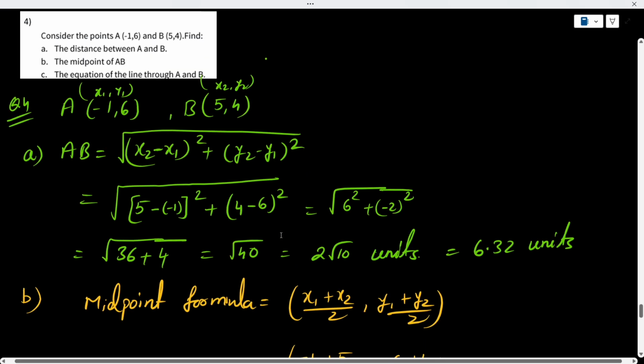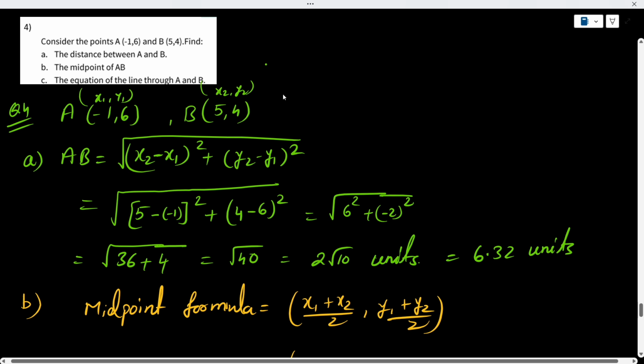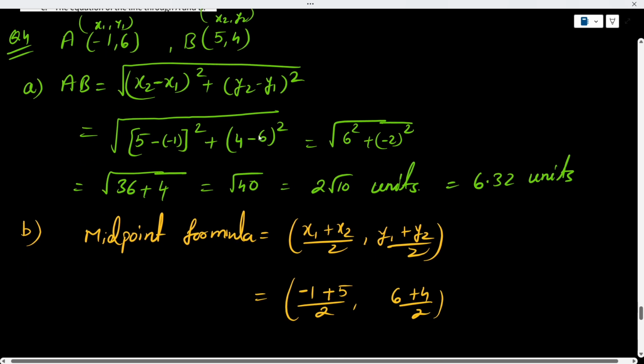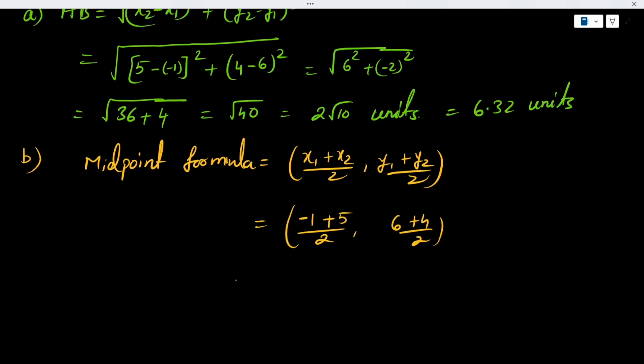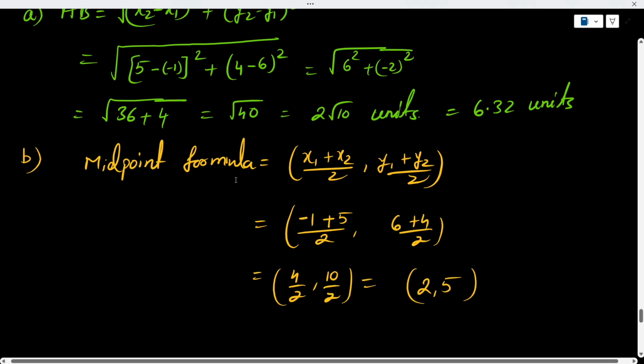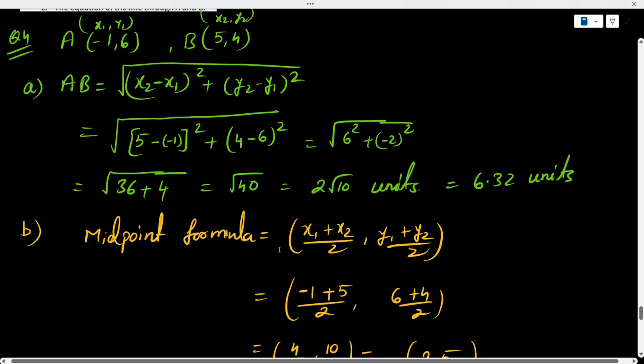Substitute the values correctly. Here x1 and x2 are -1 and 5, and y are 6 comma 4. So it is 4 by 2 comma 10 by 2. So your coordinates are nothing but 2 comma 5. This is the midpoint coordinate, right? Using the midpoint formula, you are getting the midpoint of AB.